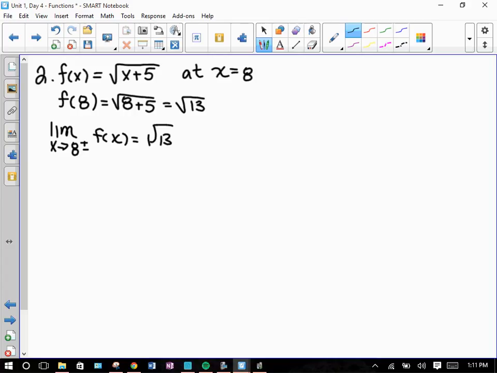Since f of 8 is equal to the limit as x approaches 8 of f of x, and these two are equal, that tells us this is continuous there.